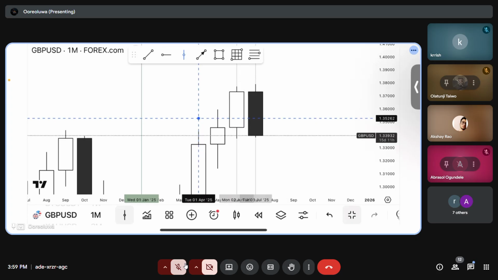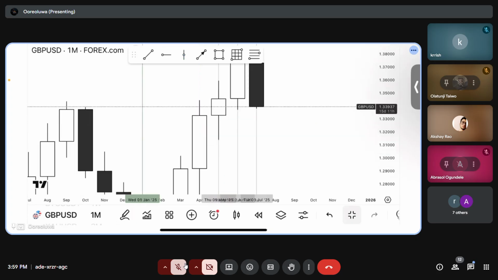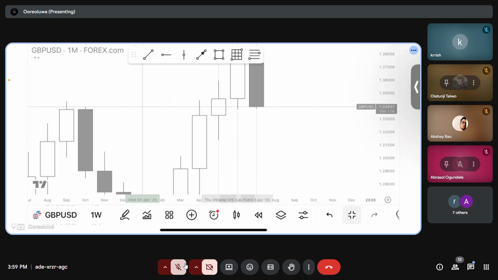So let me draw out this candle. Use the weekly or the daily to get the key level for the monthly. Then use the daily or the 4 hour to get the key level for the weekly, and you also do vice versa for lower time frames. For the daily, use the 4 hour and the 1 hour, just like that.